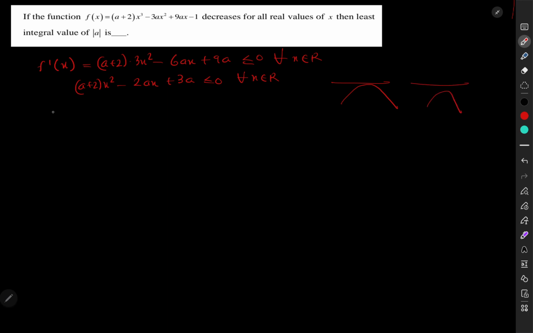So what will be the condition? Its discriminant should be less than or equal to 0, and a plus 2, the leading coefficient, should be less than 0.